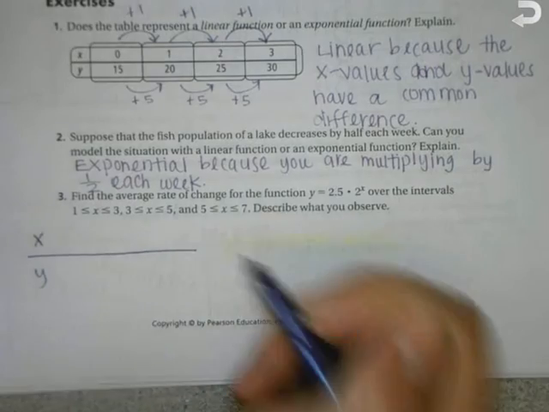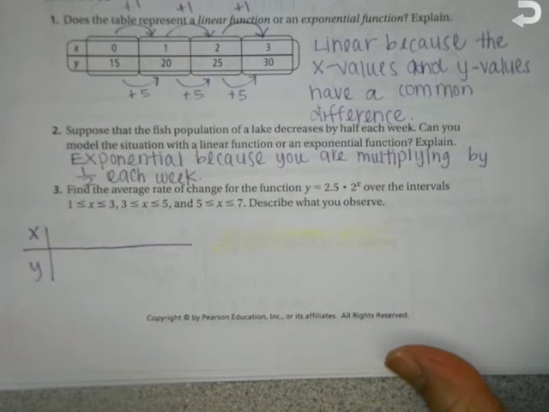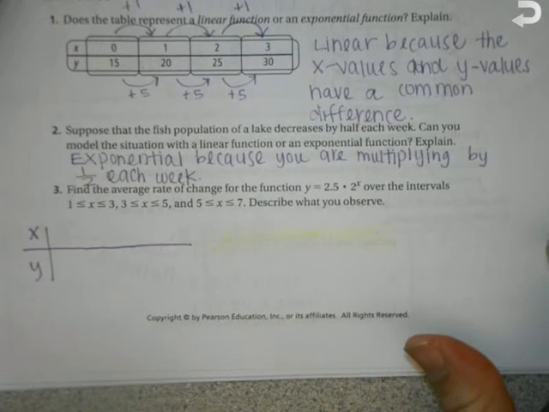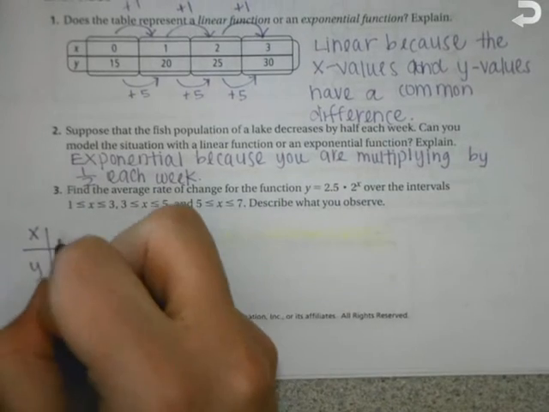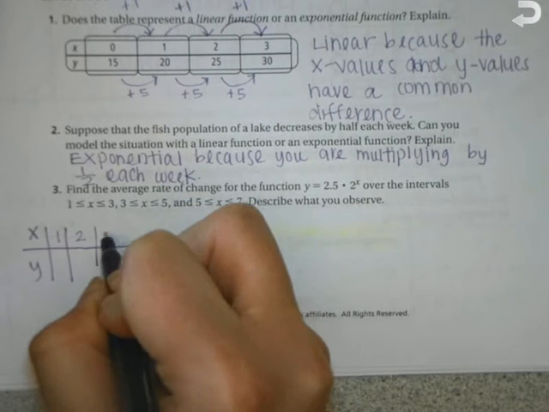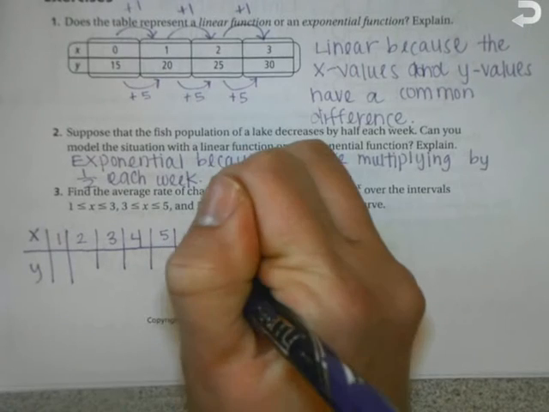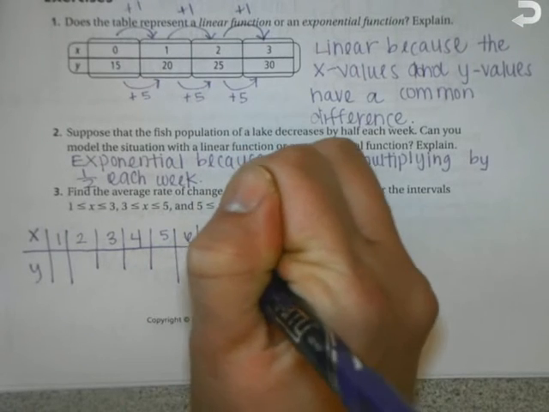How do I know what values I'm going to plug in? It tells me. What's the first one I need to plug in? 1, and then I need to figure out 2, and then 3, 4, 5, 6 to 7, right?